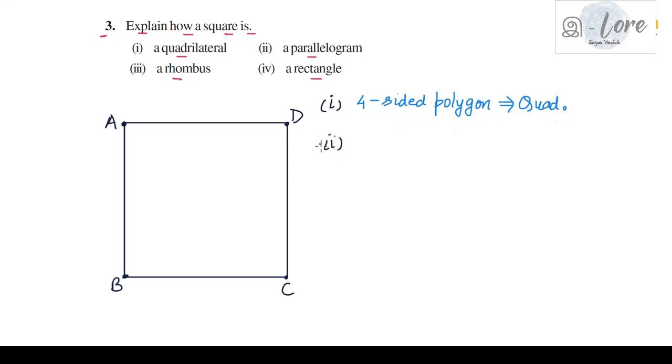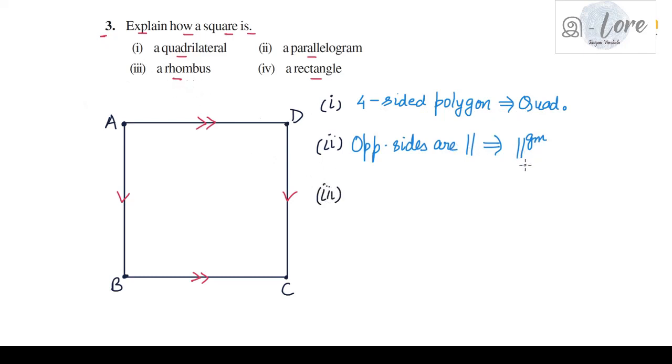Now in part 2 we have to explain why a square should be a parallelogram. Well, in any square, opposite sides are parallel. So AB will be parallel to DC and AD will be parallel to BC. So in a square, opposite sides are parallel, and this means that the square must also be a parallelogram. So that does part 2. Now in part 3 we have to explain why a square is also a rhombus.